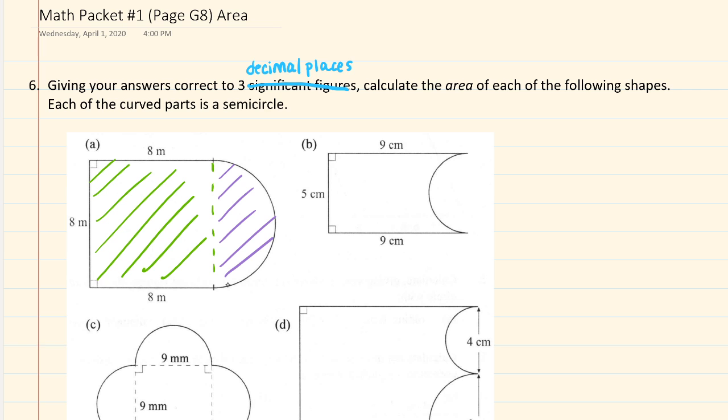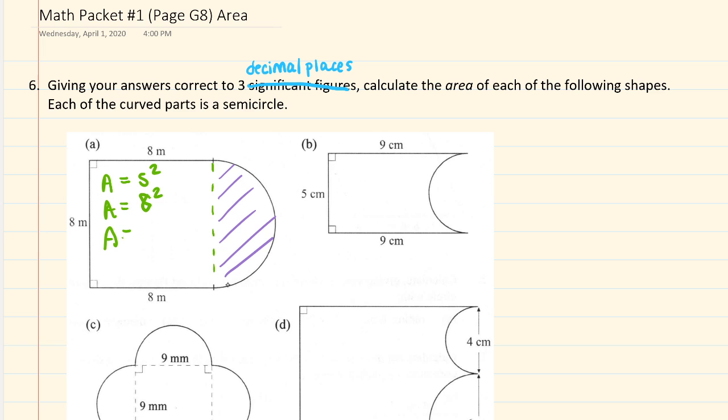So for the rectangle part, or square, excuse me, we'll just do the side squared, side times side. So 8 squared is 64. That's not the answer, that's just for the rectangle part. We've got to do the semicircle. The area of a circle is pi r squared, but since this is a half a circle, we're going to slap a 1/2 in the front there.